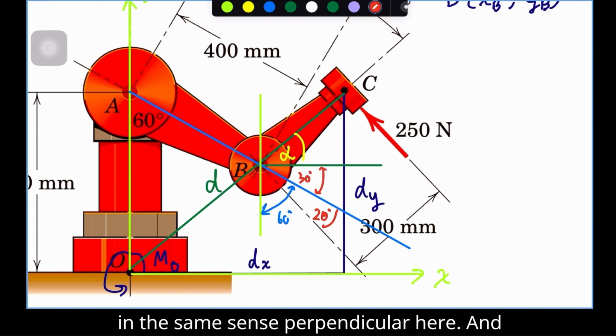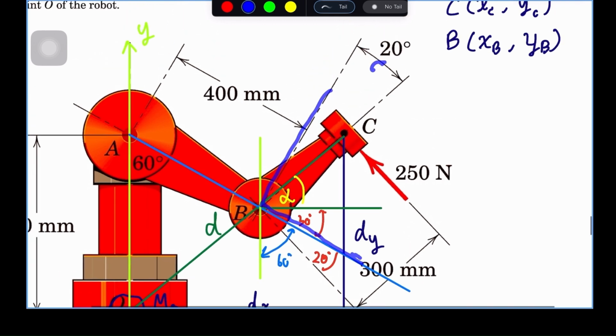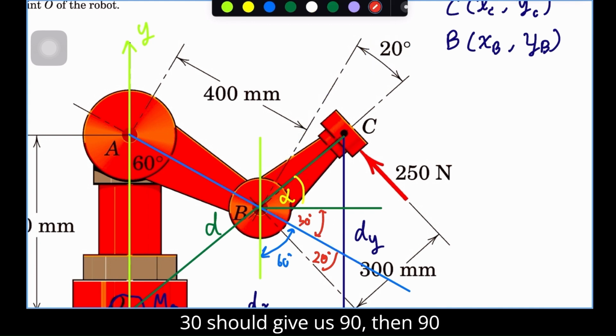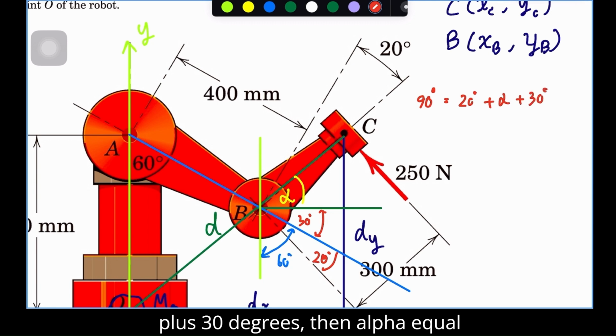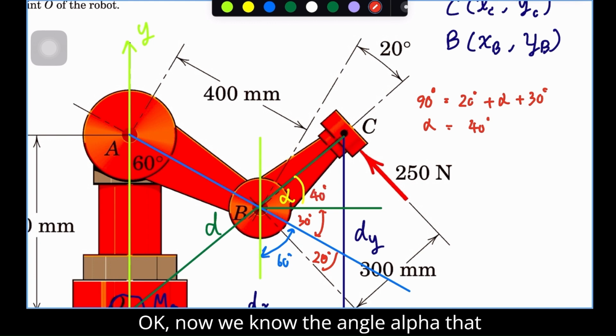In the same sense, perpendicular here and here, it should be 90, right? This angle 20 plus alpha plus 30 should give us 90. Then 90 equals 20 plus alpha plus 30 degrees. Then alpha equals 40 degrees. Okay, now we know the angle alpha.